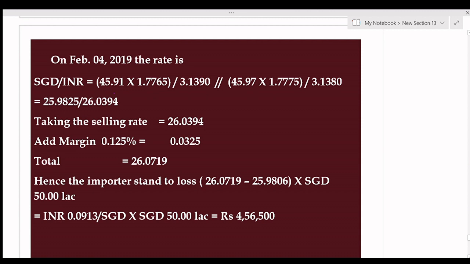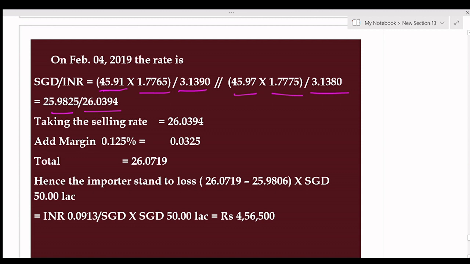You multiply 45.91 into 1.7765 divided by 3.1390, and 45.97 multiplied with 1.7775 divided by 3.1380, and you will get the SGD INR rate 25.9825, 26.0394.